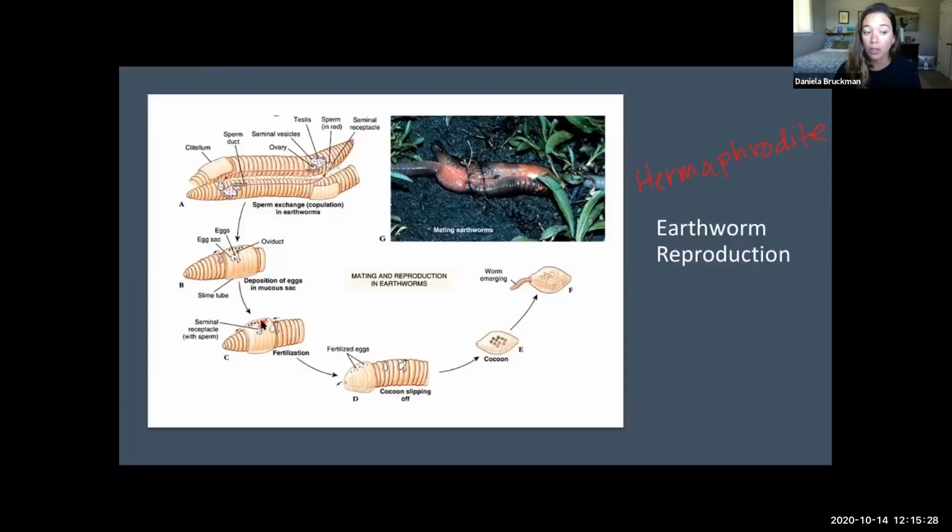The sperm fertilize the eggs that are being held by that membrane from the clitellum, and then it slides off the end of the worm and it makes this cute little cocoon where the fertilized eggs develop and form little baby earthworms. And eventually all the little baby earthworms will emerge from the cocoon and they will go off to live their little earthwormy lives and help us and be happy little friends of the soil.